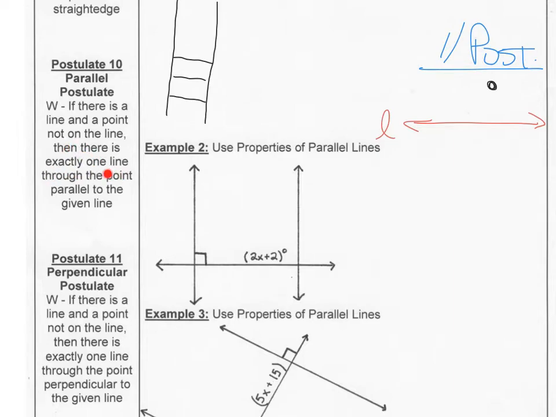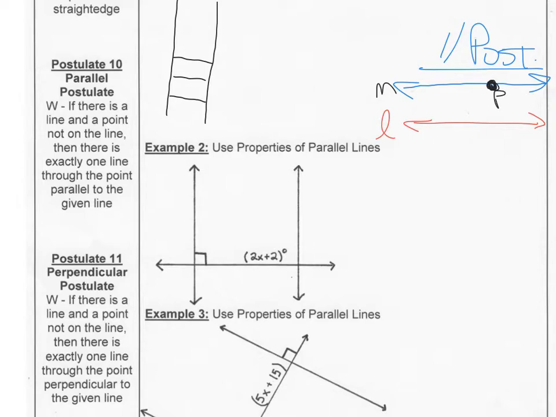But what it's saying is, if there's a line and then there's a point that's not on that line. So for example, if I draw a line, we'll call it L, and then we have a point that's not on that line, okay?